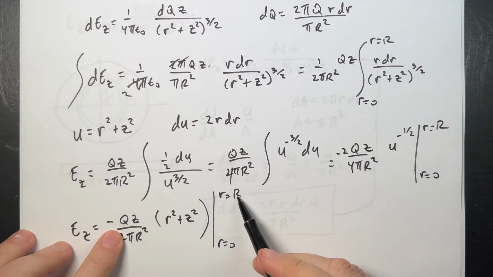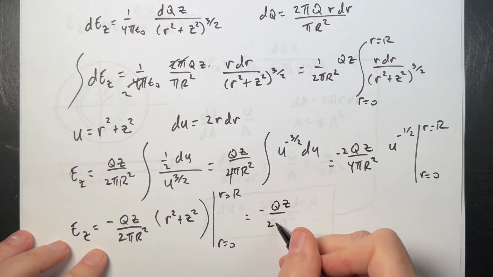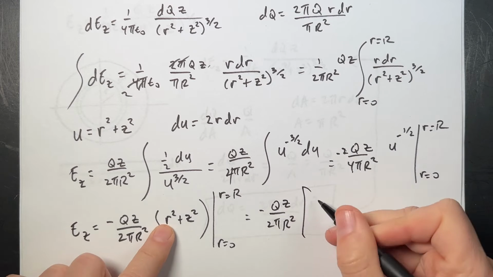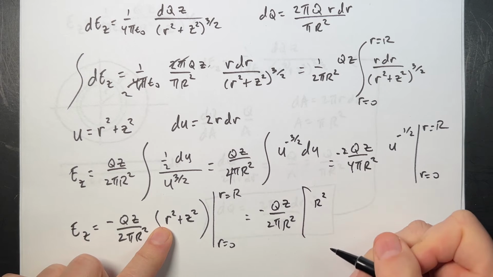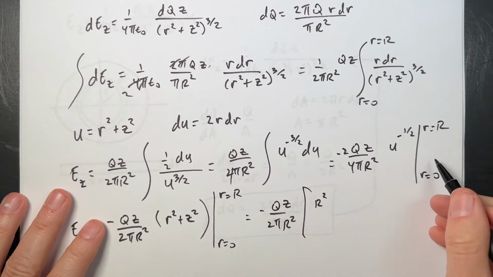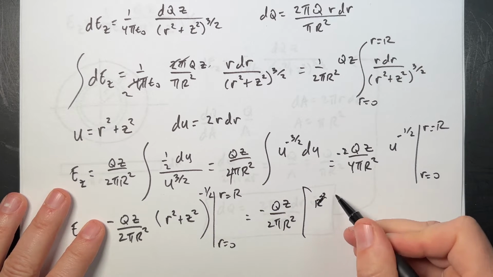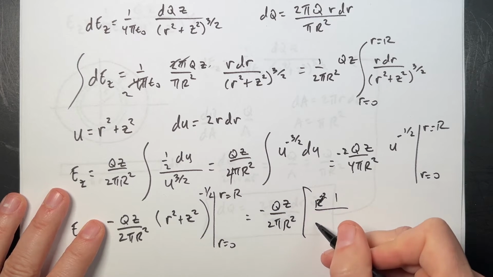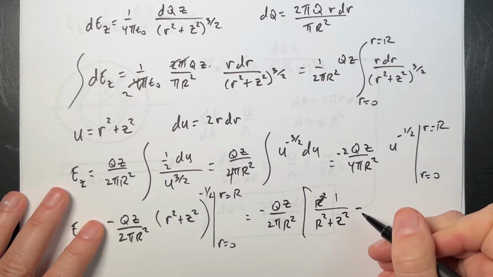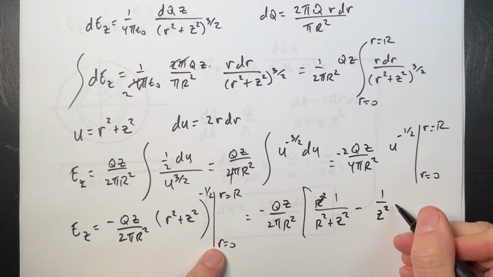So if I put in r equals r, I get negative qz over 2 pi r squared. Let's just factor that out. And then I put in r squared. Oh, it's to the negative 1/2. So it's going to be 1 over r squared plus z squared to the 1/2, minus this 1 over z squared.